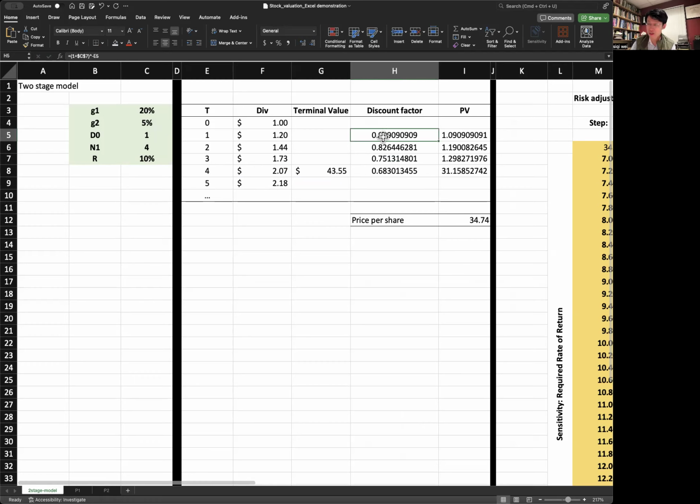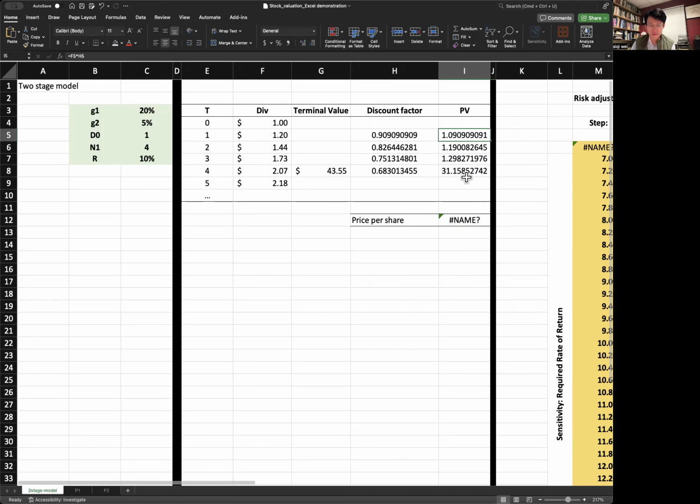Everything else is the same as what we did last time. You just need to sum up the present value of every single cash flow on the first stage along with the terminal value, and that gives you the share price. It's exactly the same process as our example last week.